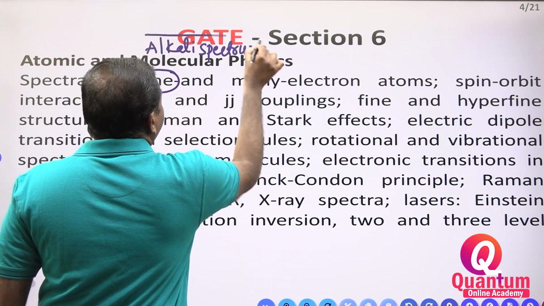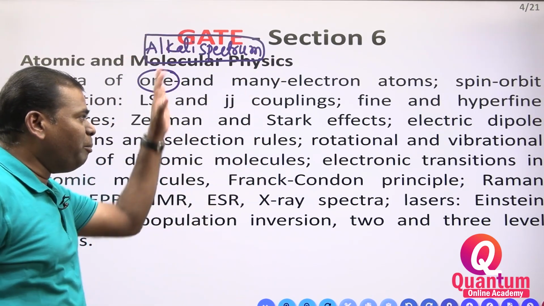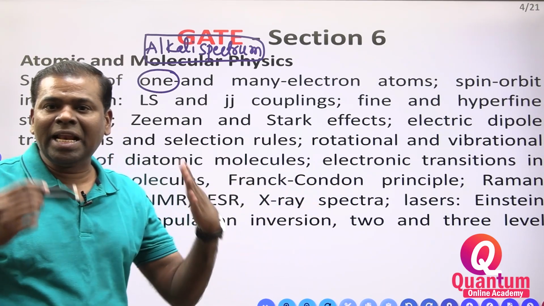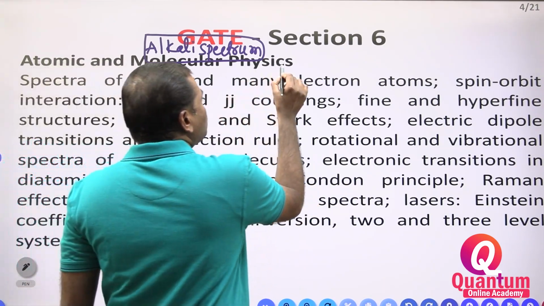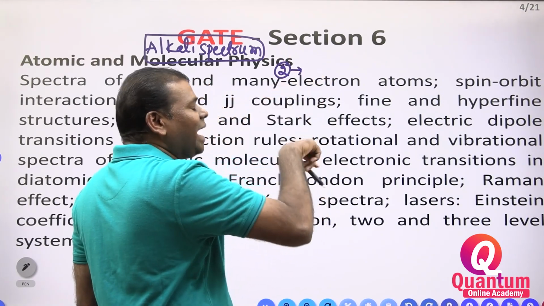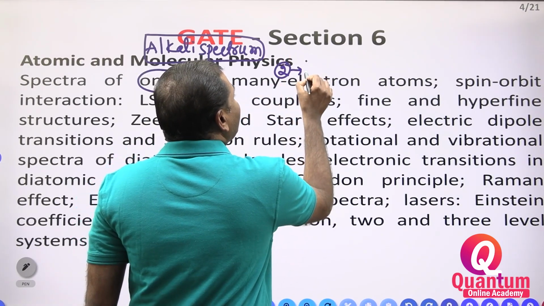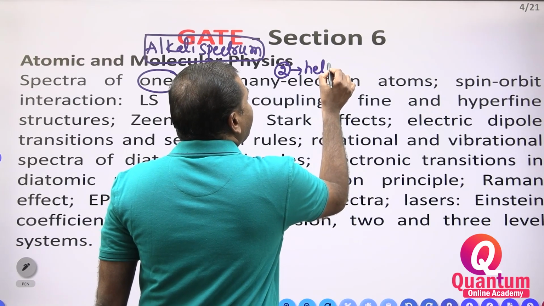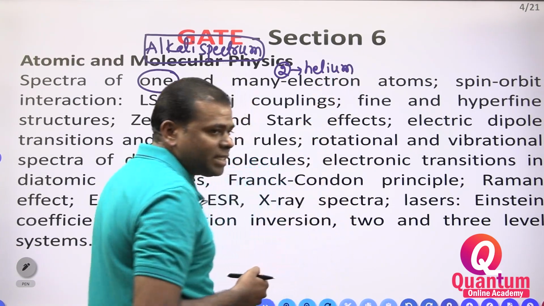Now, many electron atoms may mean 2 electrons. If it is 2 electrons, we call it alkaline earth metals, or the helium spectrum.